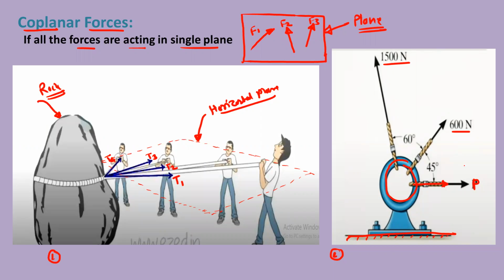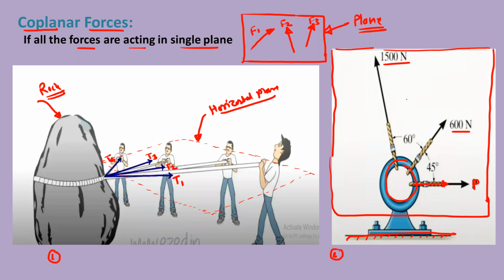Okay, so all these forces, P, 600 Newton and 1500 Newton, they are lying in this vertical plane. Okay, so therefore this is called as a coplanar force system. So I hope the meaning is clear. What is the meaning of coplanar force system?